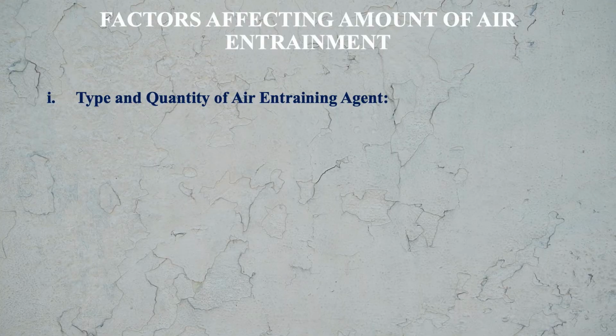Now let us see what the different factors affecting the amount of air entrainment are. That is, by using the air entraining agents, what will be the amount of air entrained in the concrete? This is affected by various factors. Number one, type and quantity of air entraining agent.